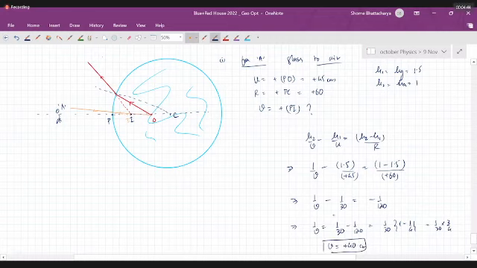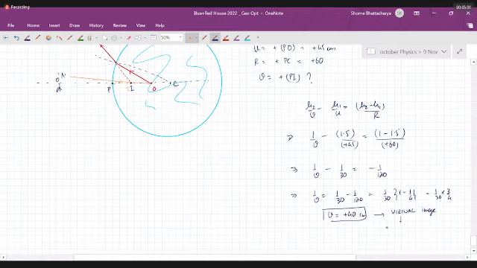So this plus 40 over here means that you're seeing a virtual image, because it is coming by producing back the refracted rays.